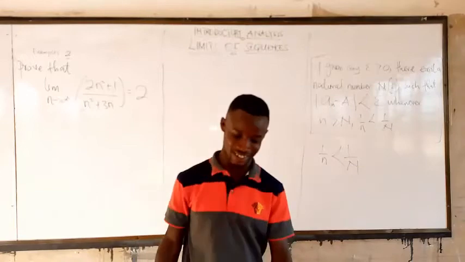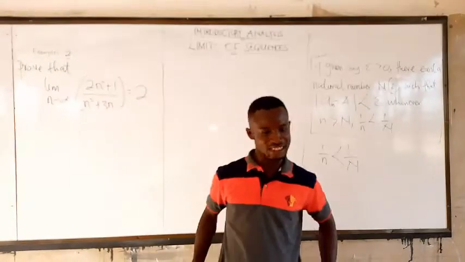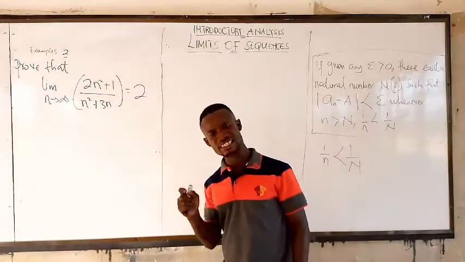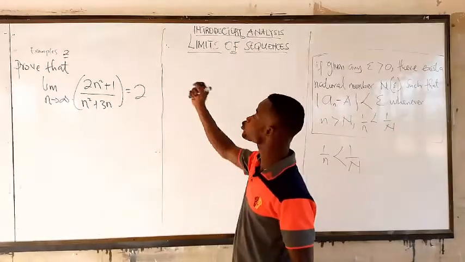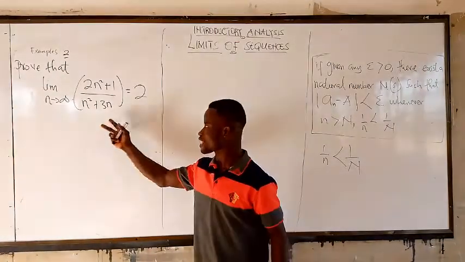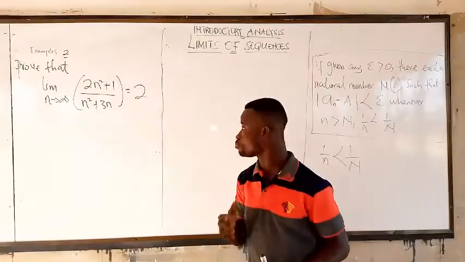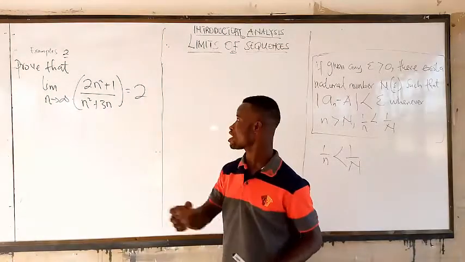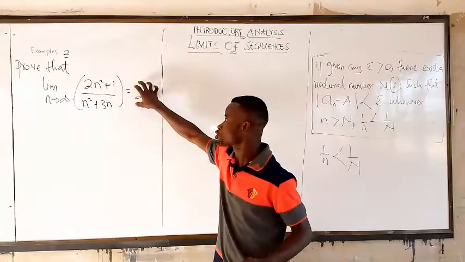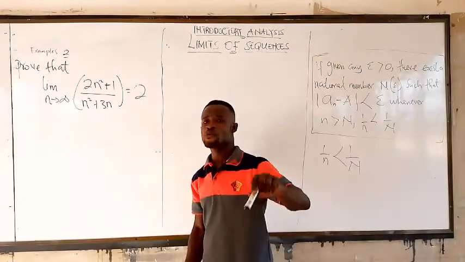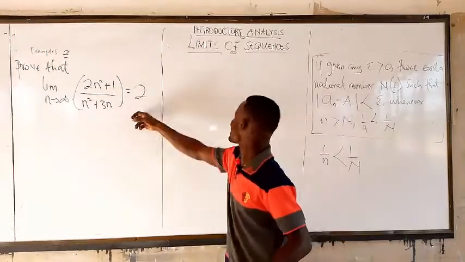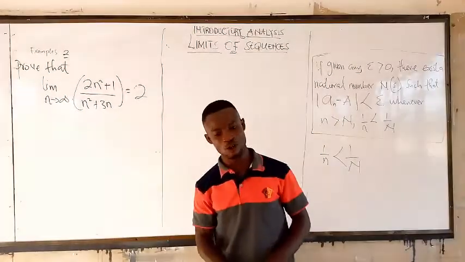Now, what this means is that we have to show how this limit equals 2. Yes, we know when you solve this from your calculus 1, you are going to get 2. But here, we want you to show us or prove to us that this is equal to 2.